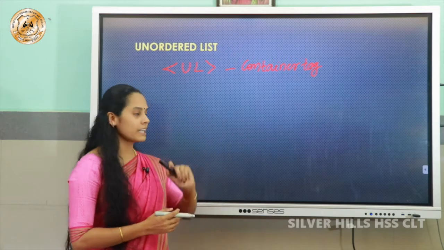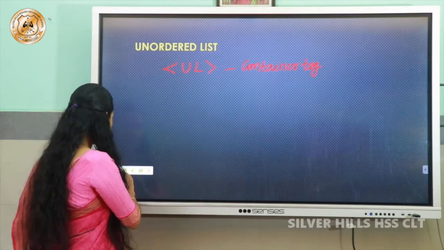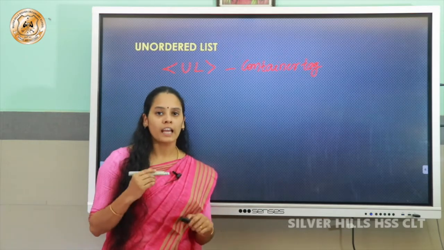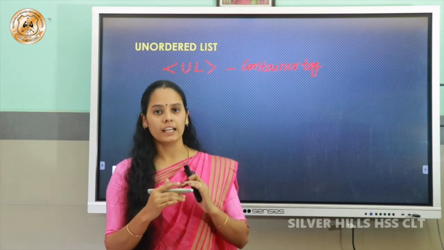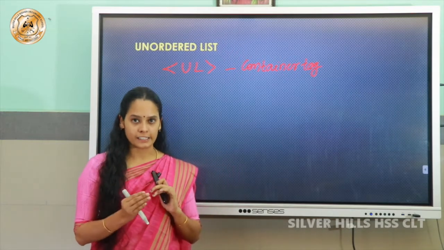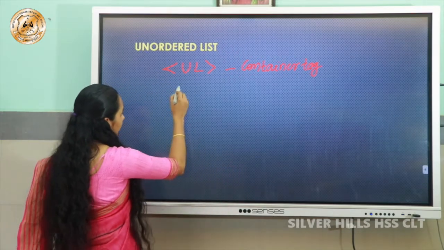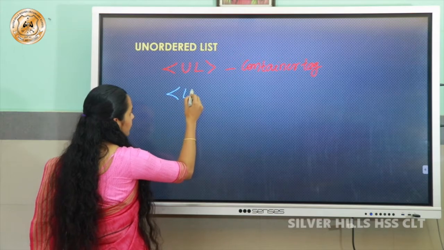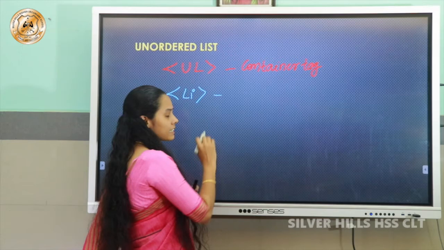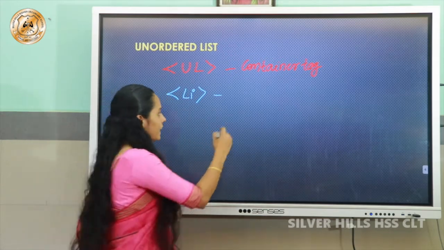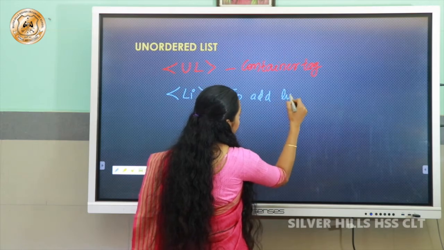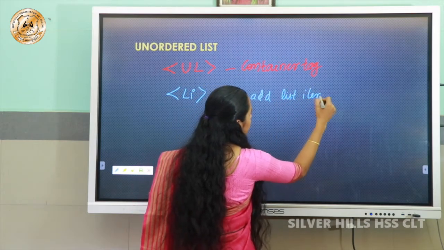UL is a container tag, and along with this UL tag, we have to use one more tag as a subtag of the UL tag to add the list item, and the name of that tag is LI. LI stands for list item, used to add list items.